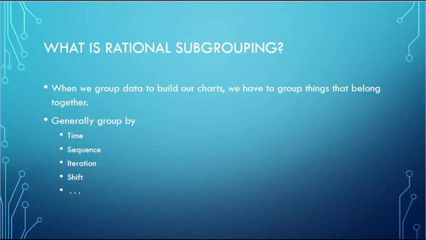Generally, we group things by time, or by where in the sequence they happen, or by which iteration we're working on, or what shift is working on something. So basically what we're looking for is boundaries in the process, and we're going to use those as boundaries of our groups.